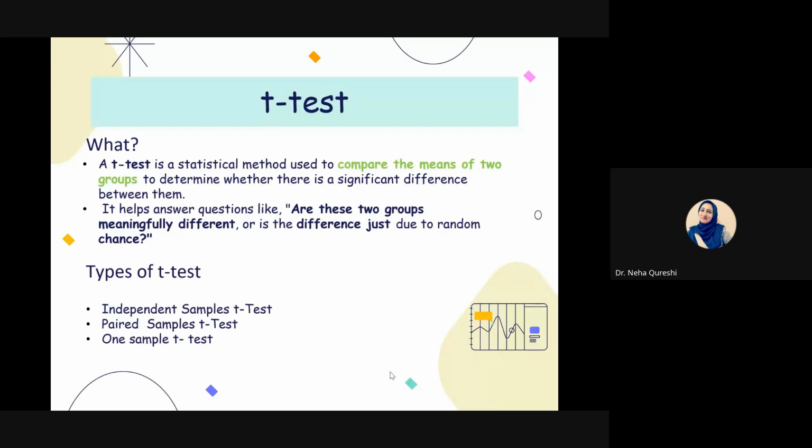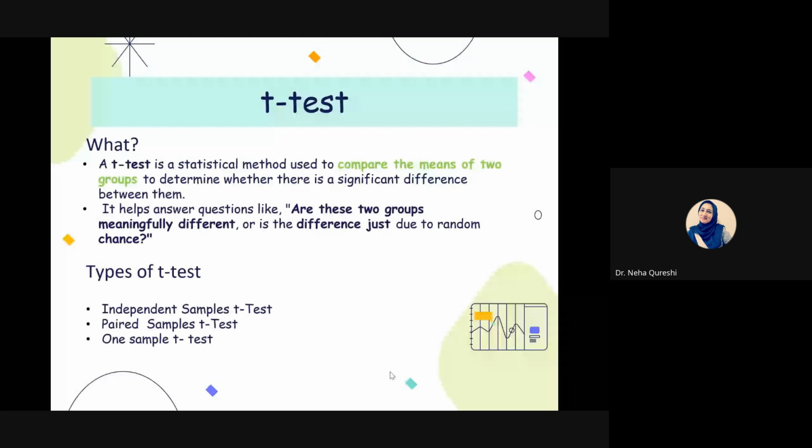Then you have the paired t-test. Paired t-test is mostly used for the same set of data, but before and after. Say, for example, all of you are attending this training program. You were evaluated before attending this training program and you got certain scores. Now, after attending this 21 days refresher course, you will be evaluated again after 21 days.